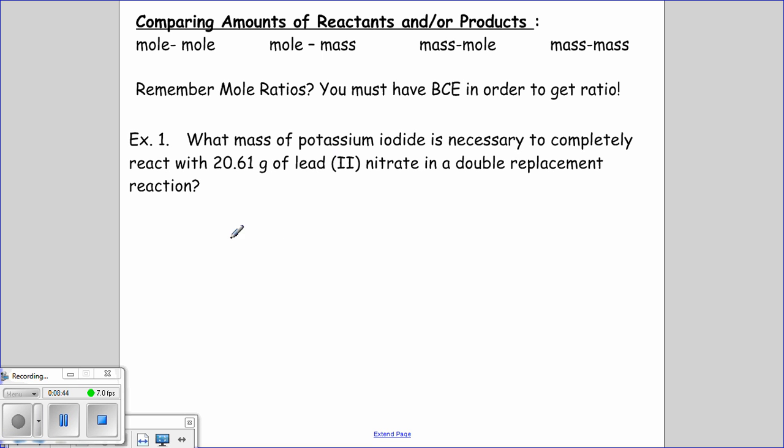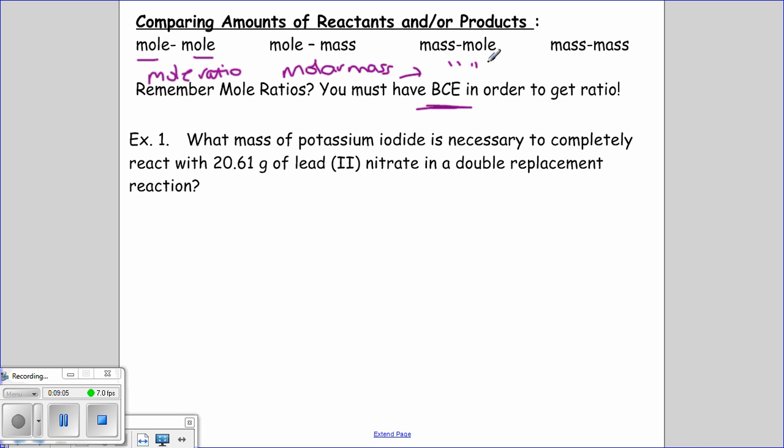So if we're using some process of going moles of X to moles of Y, you're going to use your mole ratio. And where do you get a mole ratio? You get it from the Balanced Chemical Equation, or BCE. If I ask you moles to mass of that same compound, you're going to use the molar mass of that compound. You just have to add that up. Same thing here. You're going to use molar mass.